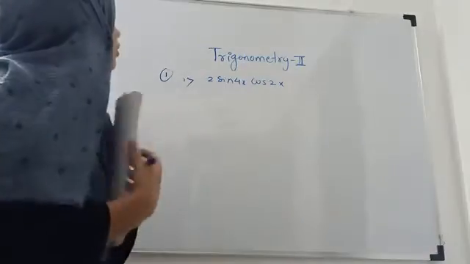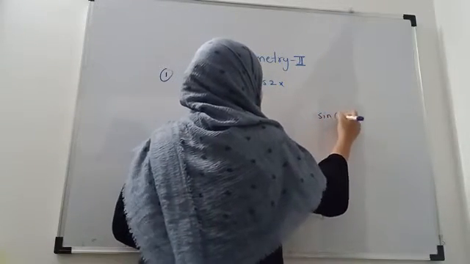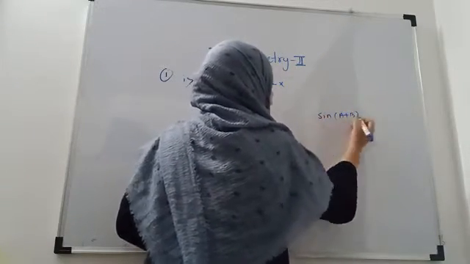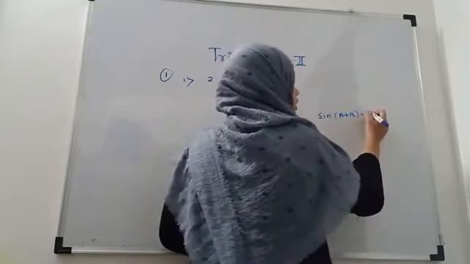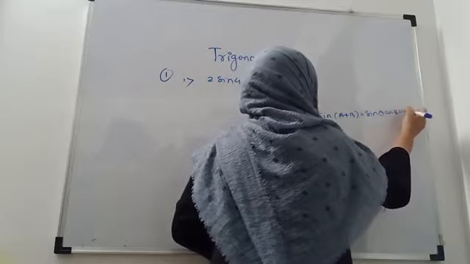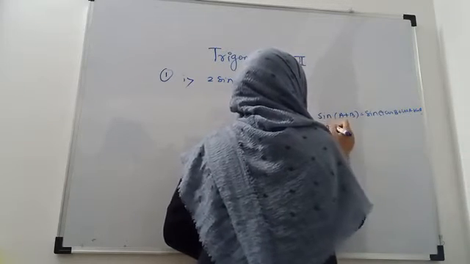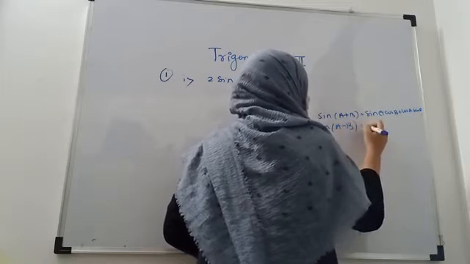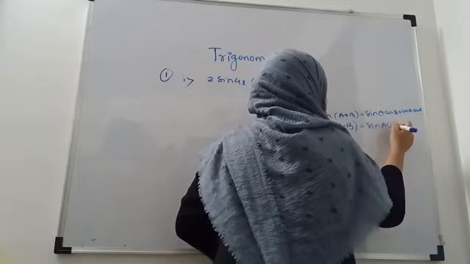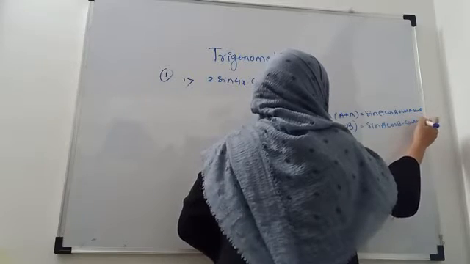Okay, so we know one formula: if you take sin(a plus b), the formula is sin a cos b plus cos a sin b, right? And if you take sin(a minus b), the formula is sin a cos b minus cos a sin b.